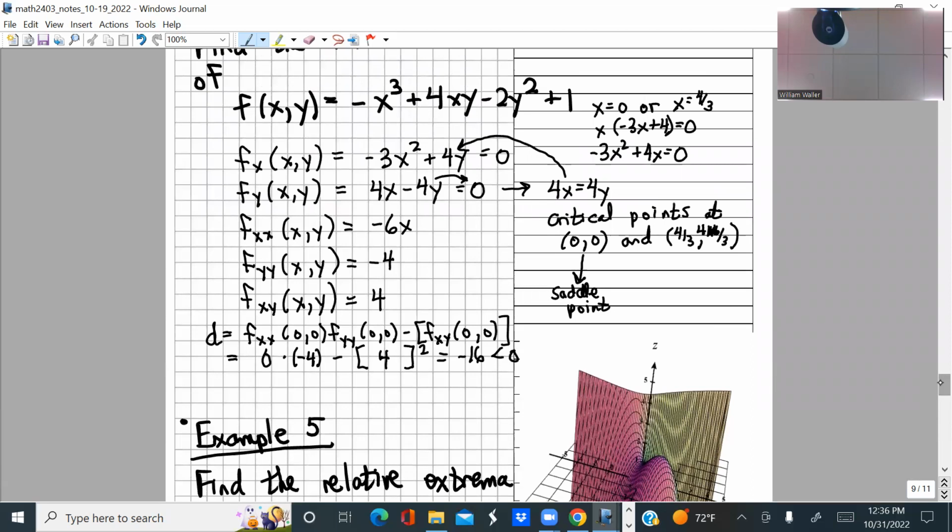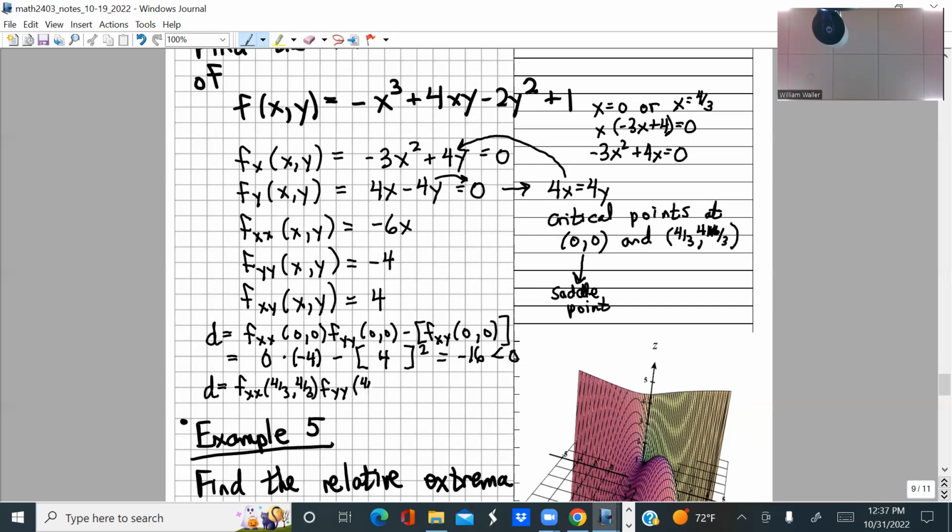All right, let's see if we can get through these calculations now for D. You've got to calculate f sub xx of 4/3, 4/3. That's the hardest one, right? And then f sub yy of 4/3, 4/3.